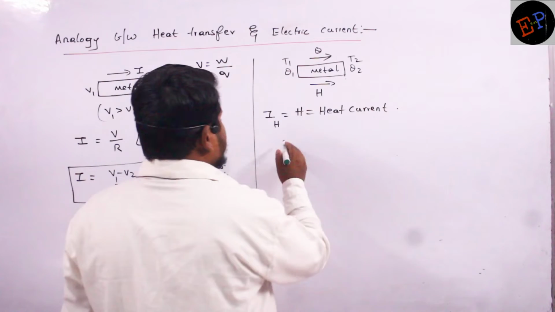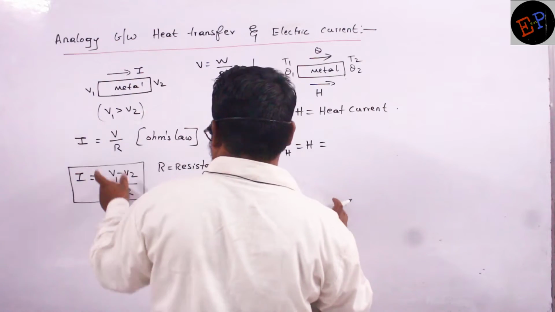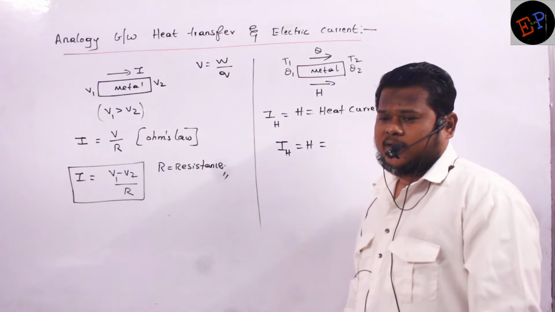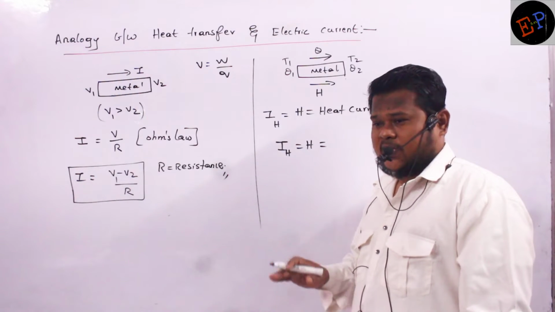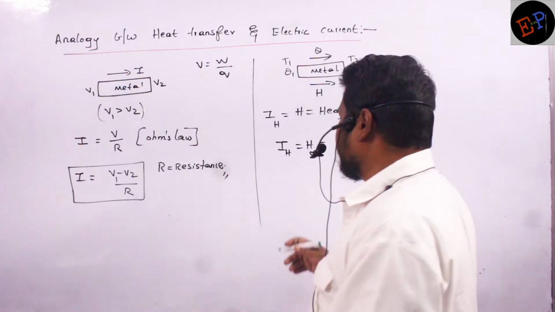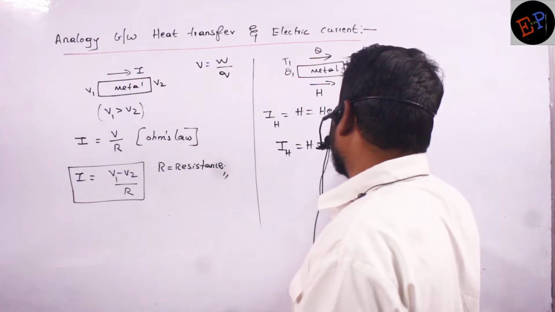How can I write the analogous equation for this heat current H? It is T1 minus T2 divided by R, and here I will use thermal resistance. So heat current is equal to theta 1 minus theta 2 divided by RT.